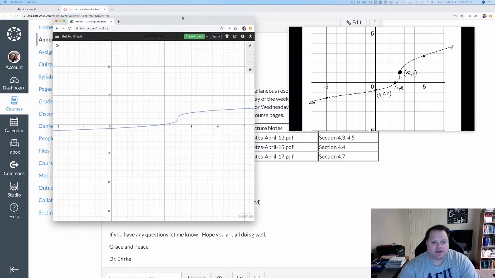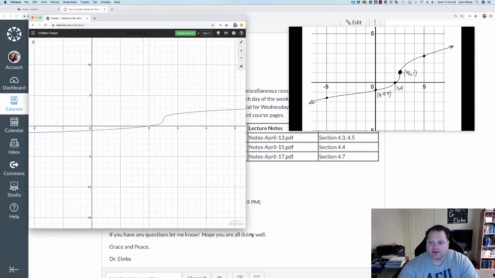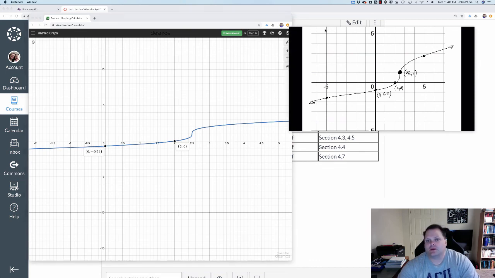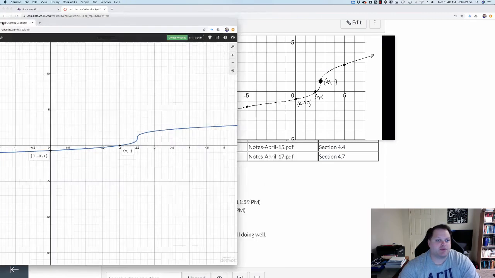All right, so in Desmos, this is the graph that it gives, and we are pretty close. Point here at 2.5 and 1. We've got our x-intercept at 2 and 0. Got our y-intercept at 0 and -0.71. So we look good. So we did a good job here.